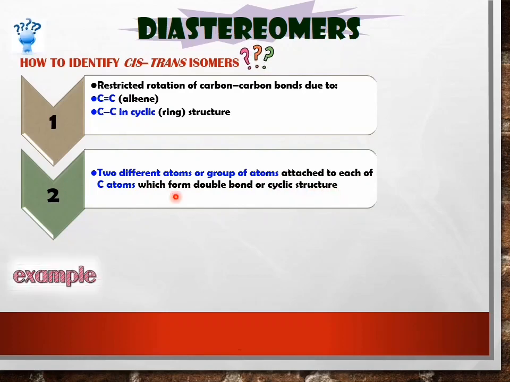Okay, now we look at the examples here. The first example shows a compound that consists of a carbon-carbon double bond. At this double bond, this carbon and this carbon have restricted rotation. This means they cannot rotate anymore.